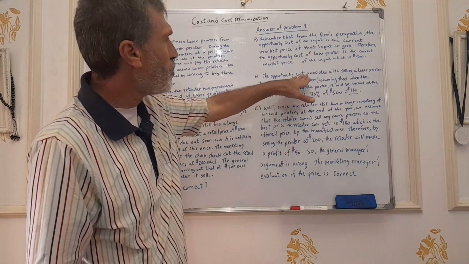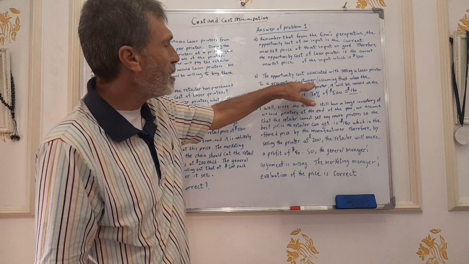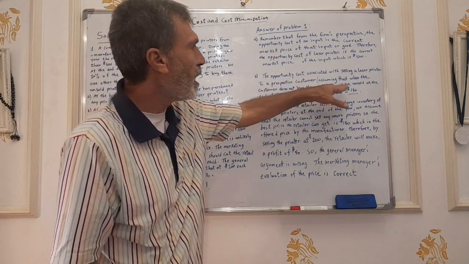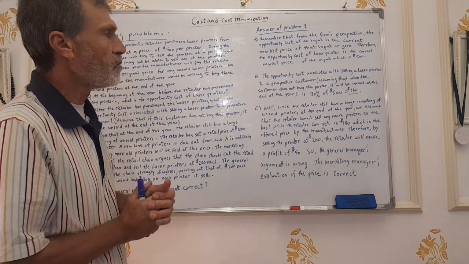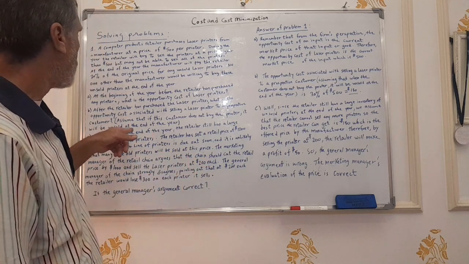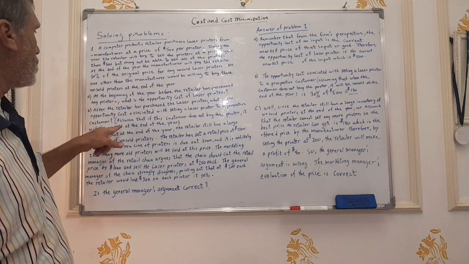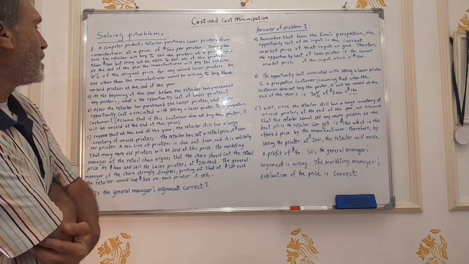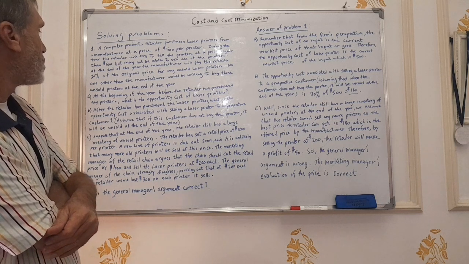So here, the opportunity cost associated with selling a laser printer to a prospective customer, assuming that if the customer does not buy the printer it will be unsold at the end of the year, is 30% of the $500. This is the opportunity cost of this laser printer.